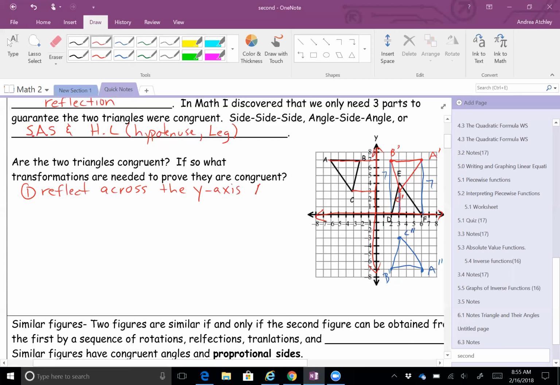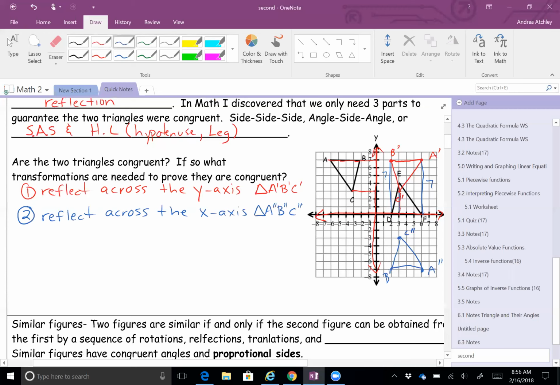And got triangle A prime, B prime, C prime. The next one we did was reflect across the x-axis and got triangle A double prime, B double prime, C double prime.